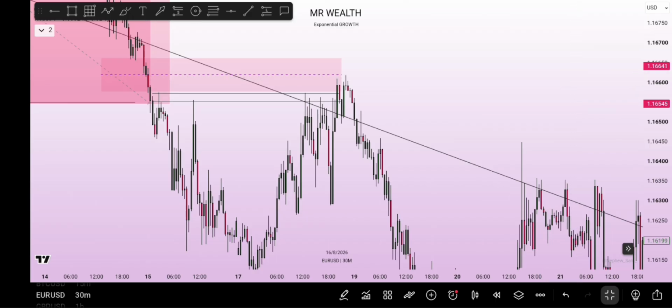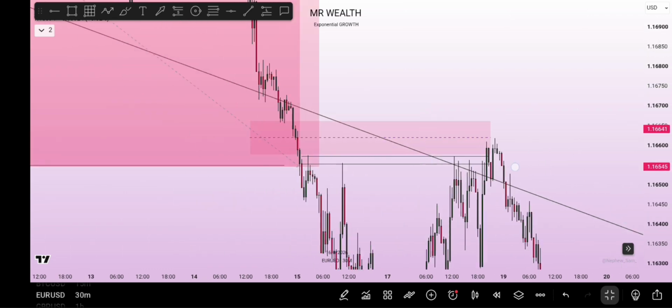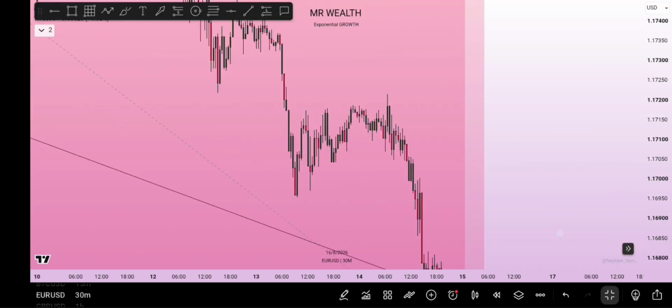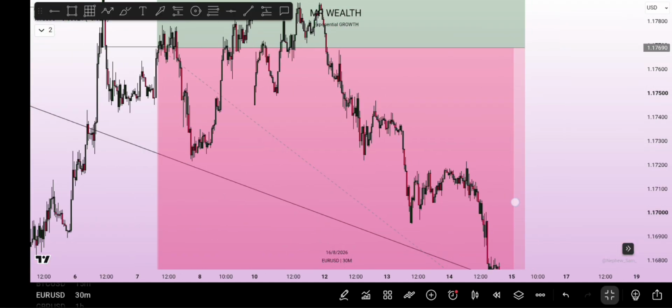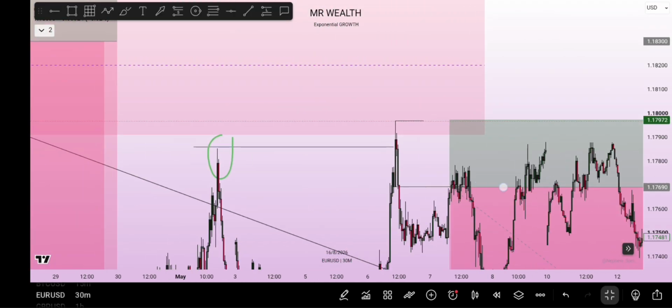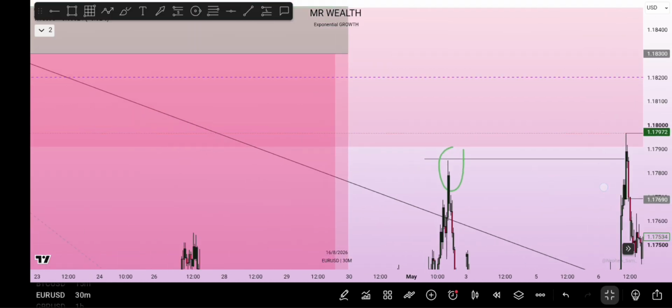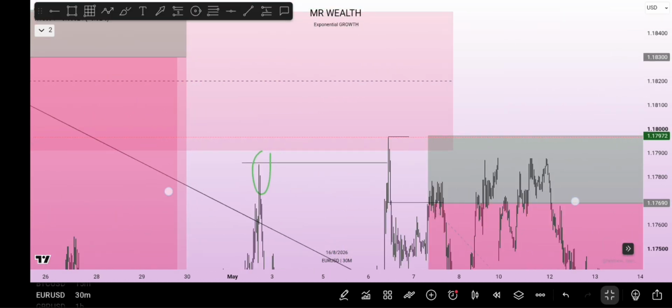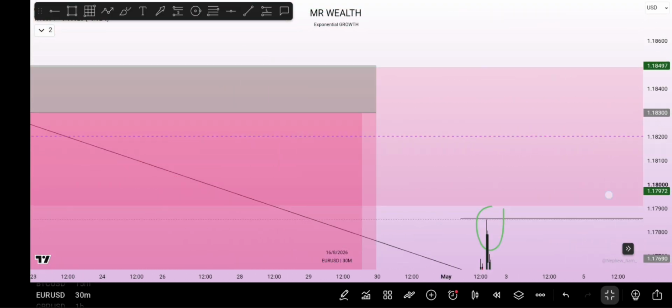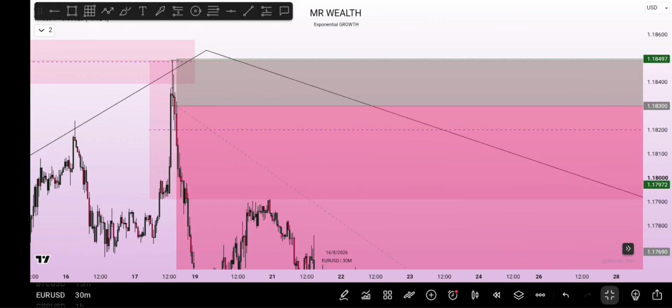There's one other thing here, I forgot to explain it. Inside that demand zone, you will see it trigger another POI inside, like inside this place now.